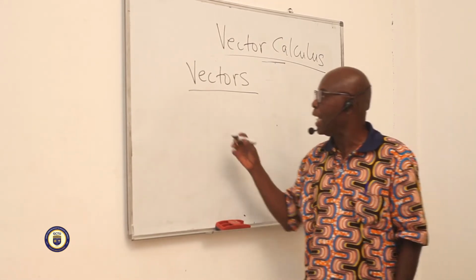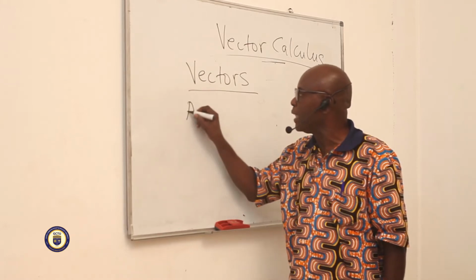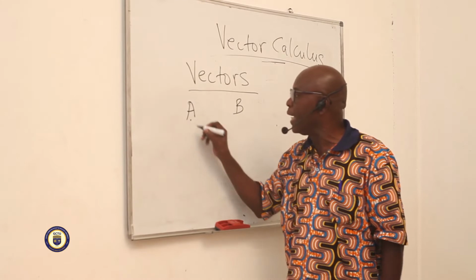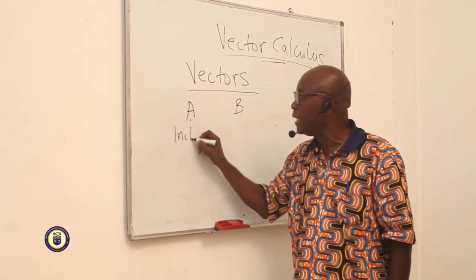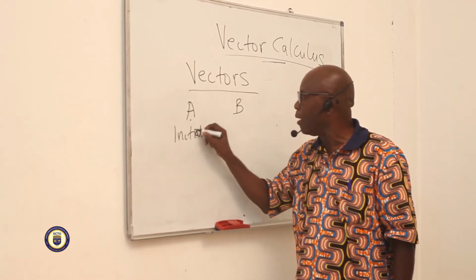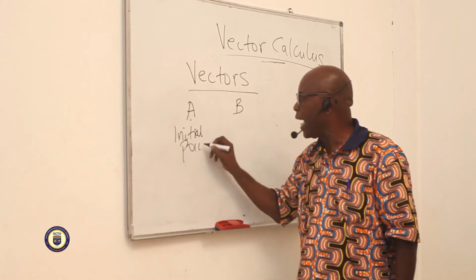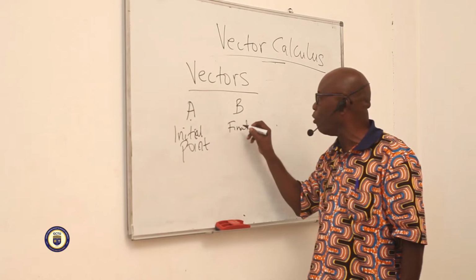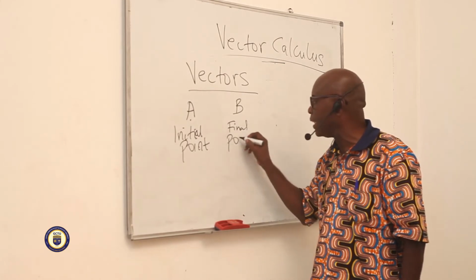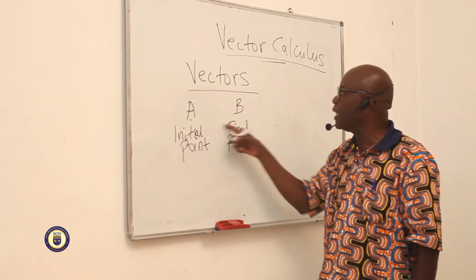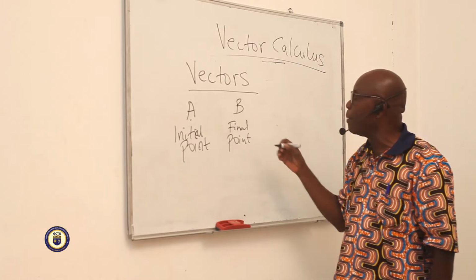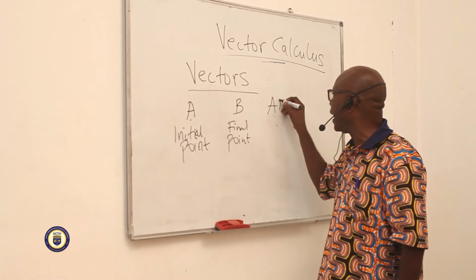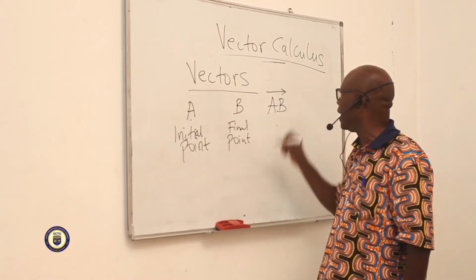A vector starts from a point A to a point B. So A is the initial point, whereas B is the final point, or final destination point. And so we can define vector AB by a directed line segment which is denoted as AB like this.